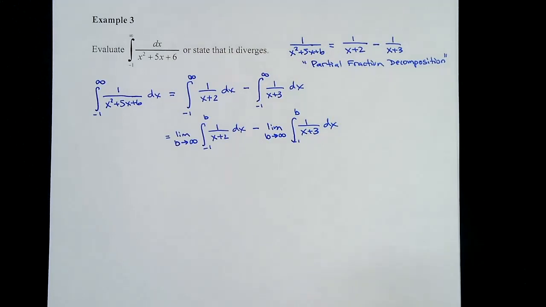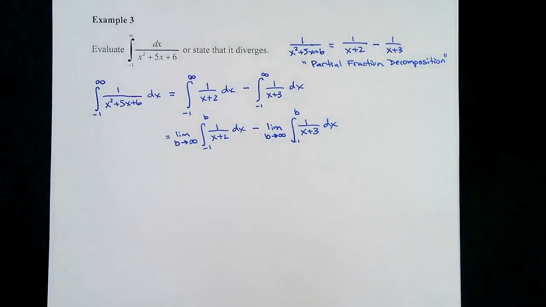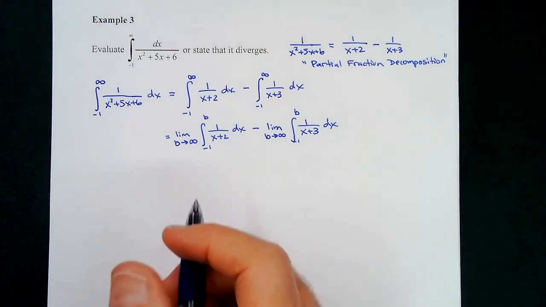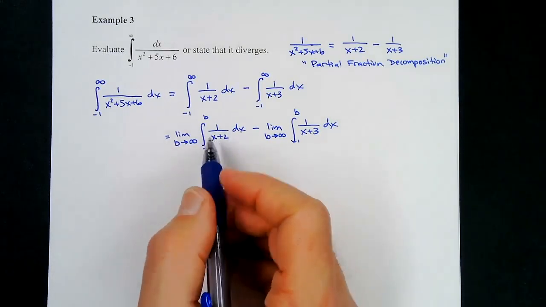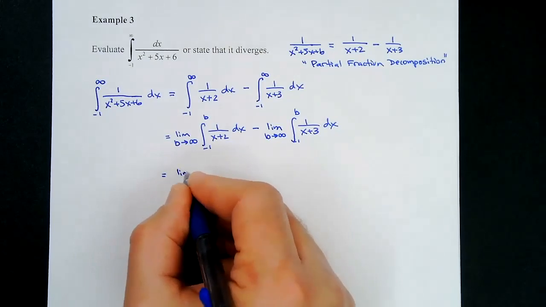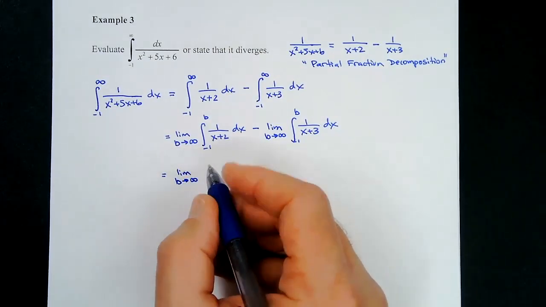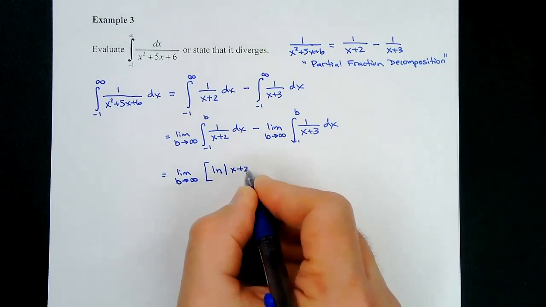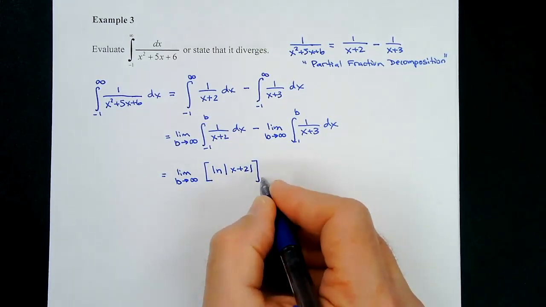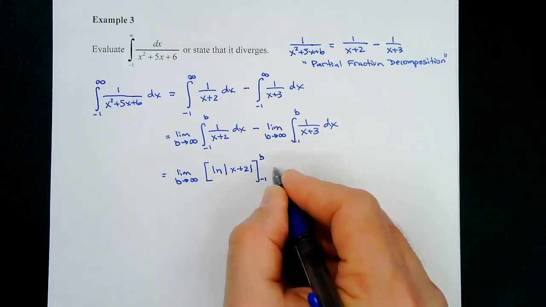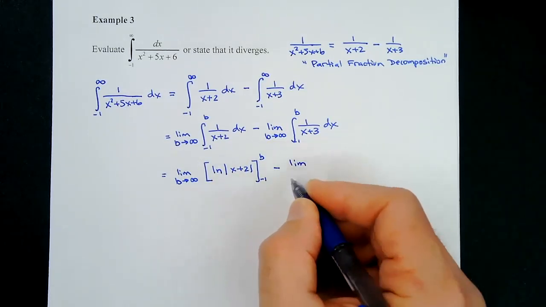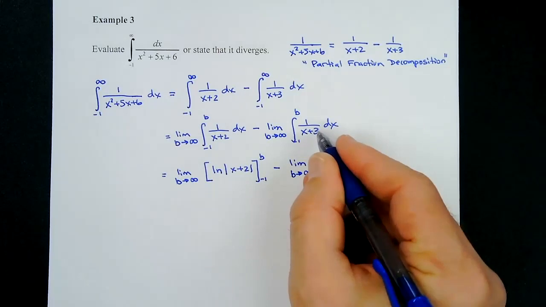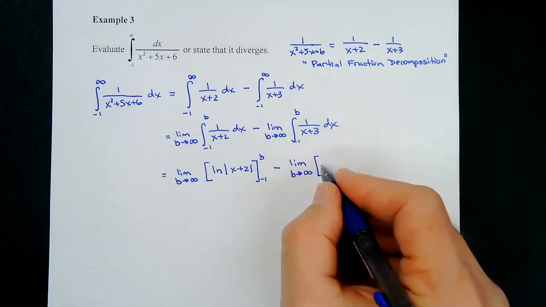You could use integration by substitution. I'm cutting some stuff out, like why it is this, but if you did integration by substitution, letting this be u, we would wind up with the limit as b approaches infinity of the natural log of the absolute value of x plus 2, evaluated from -1 to b, and then minus the limit as b goes to infinity of, same thing, the natural log of the absolute value of x plus 3.